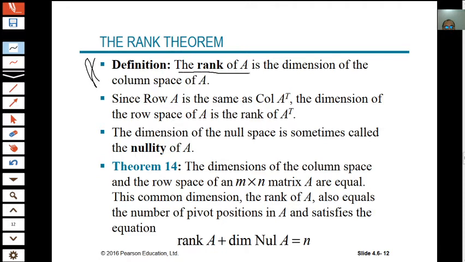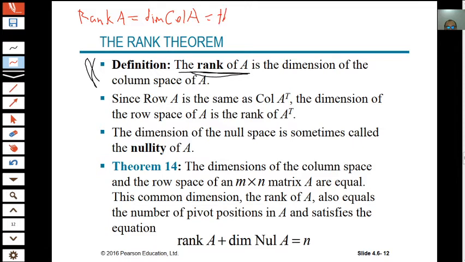So here we have an important definition. The rank of the matrix A is the dimension of the column space of A, and it is denoted by rank A, which is equal to the dimension of the column space of the matrix A. And you know, the dimension of the column space is the number of pivot positions.